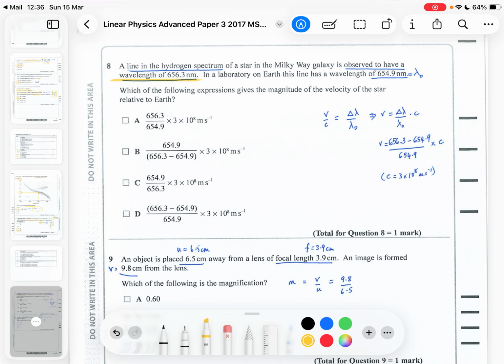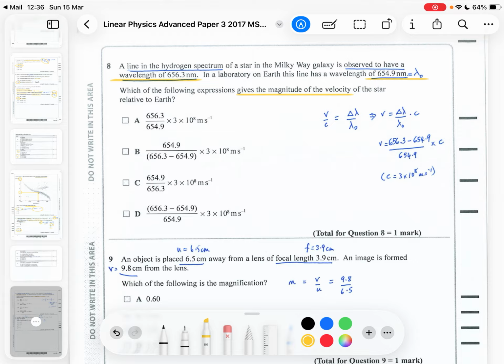In a laboratory on Earth, so when it's stationary, I call that lambda naught, it will be 654.9 nanometers. So you can see it's increased, so it means it's redshifted. So we know it's moving away from us because the wavelength has gone towards longer.